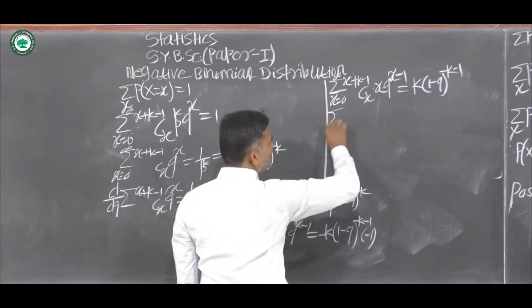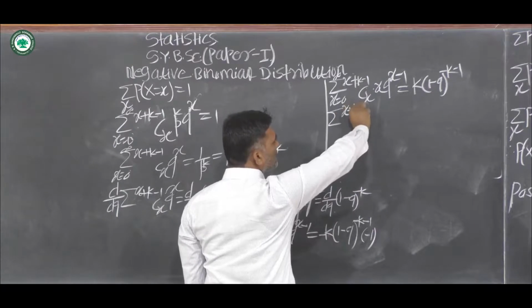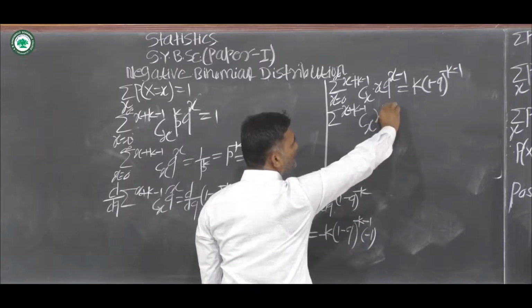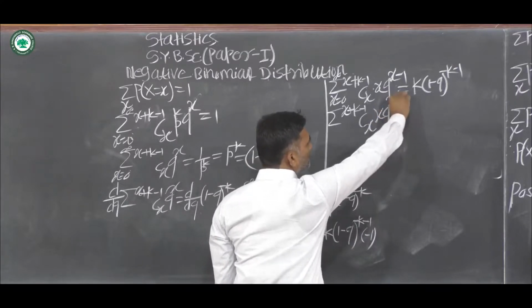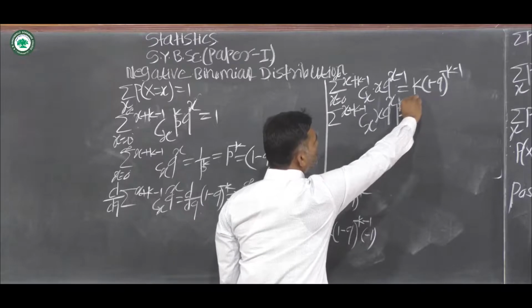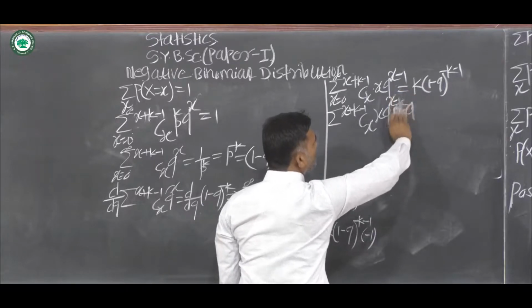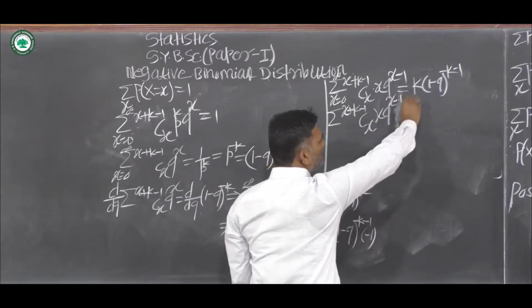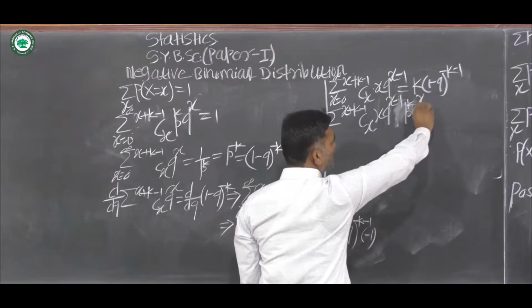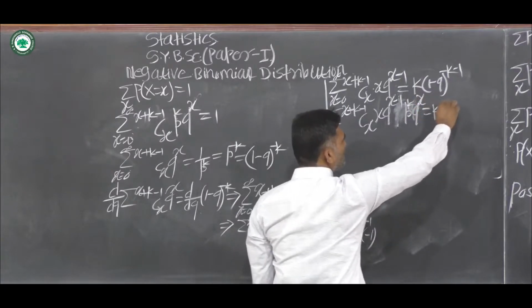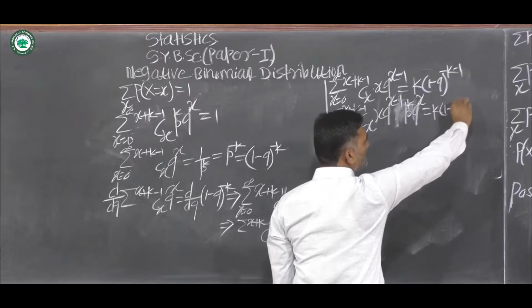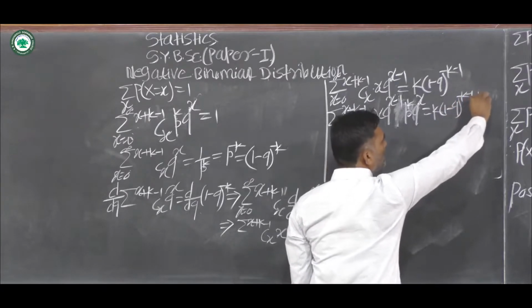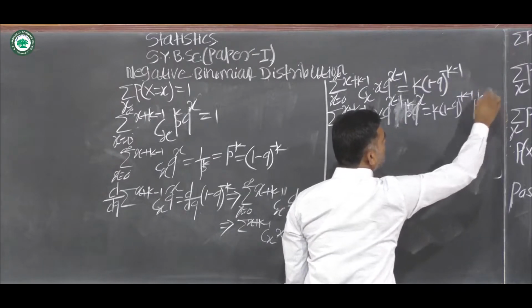Therefore, the summation of x plus k minus 1 C x into q raised to x minus 1 into p raised to k into q is equal to k into, in bracket, 1 minus q, bracket raised to minus k minus 1 into p raised to k into q.